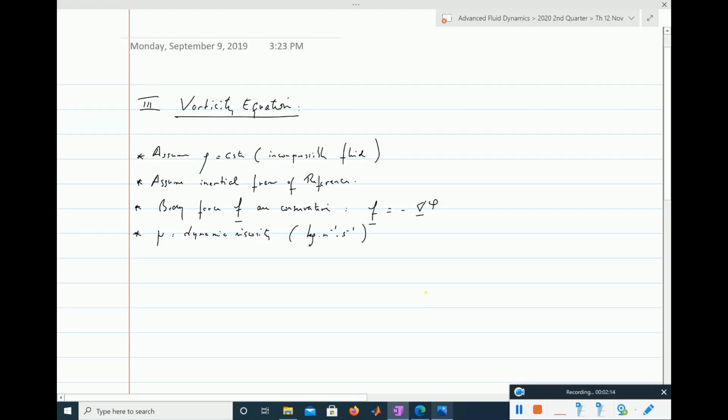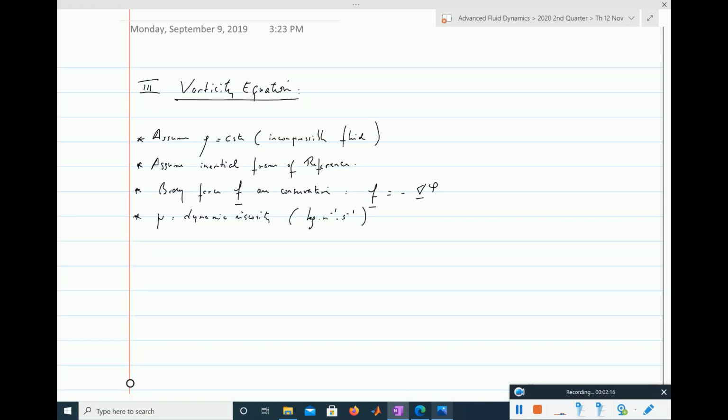Up to now, in the derivation of the equations, I've always used the dynamic viscosity, but there is another viscosity which you often hear about in fluid mechanics, which is equal to the dynamic viscosity divided by the density. Usually it's represented with the symbol nu, and that is called the kinematic viscosity.